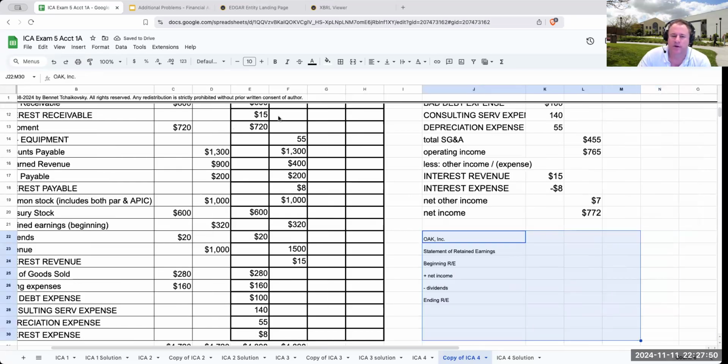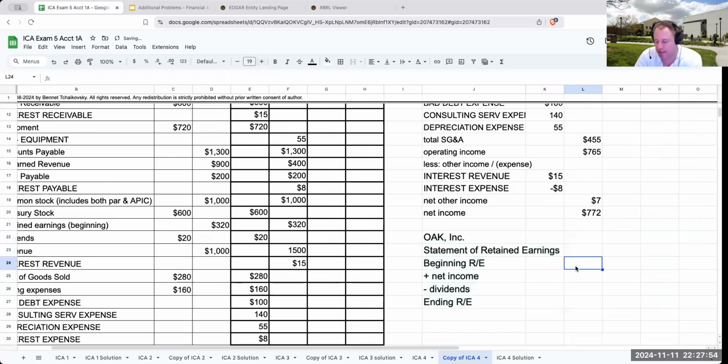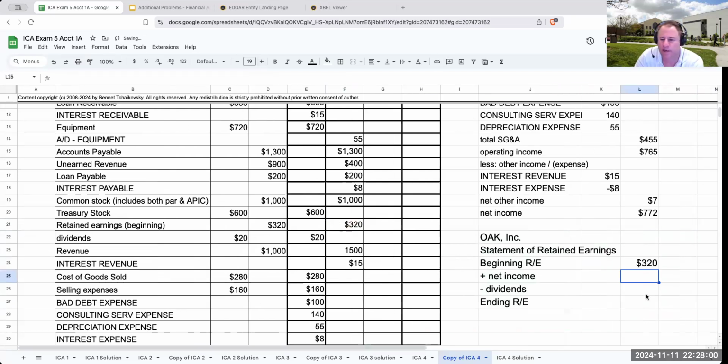So coming over here, my beginning retained earnings are simply going to be 320. My net income was 772. My dividends are less 20. So my ending retained earnings are now 1,072,000.